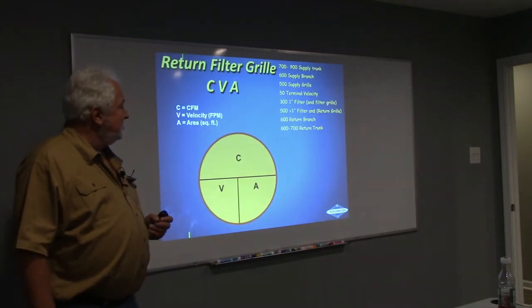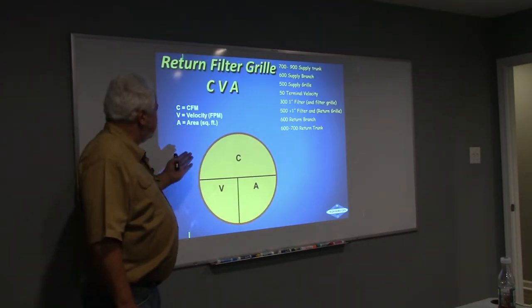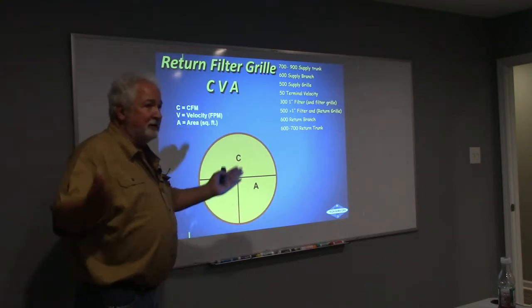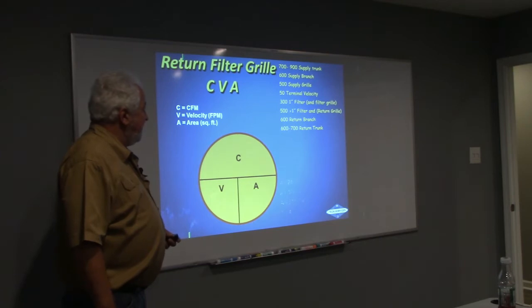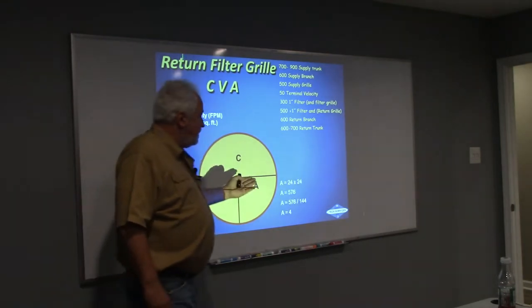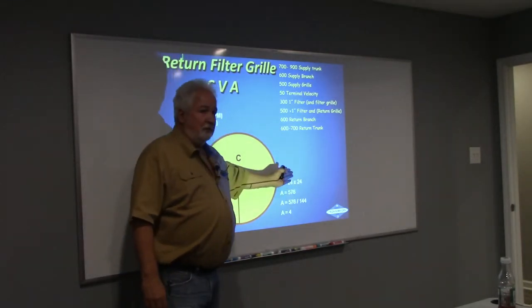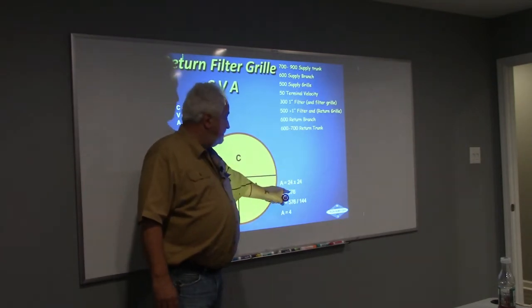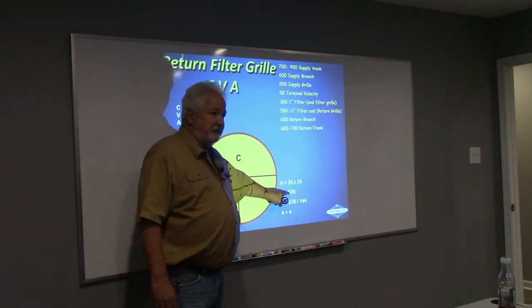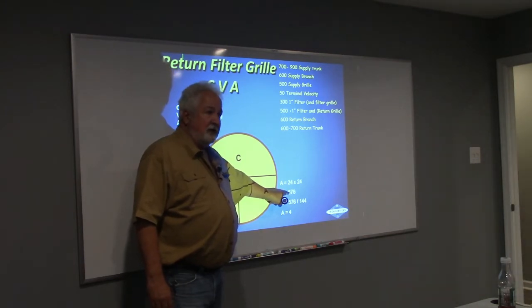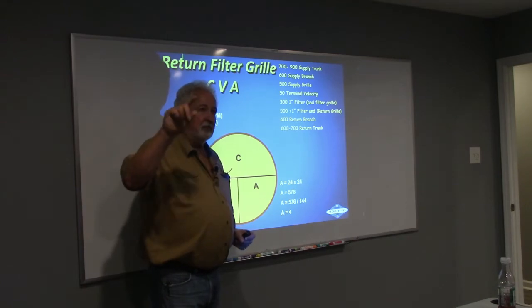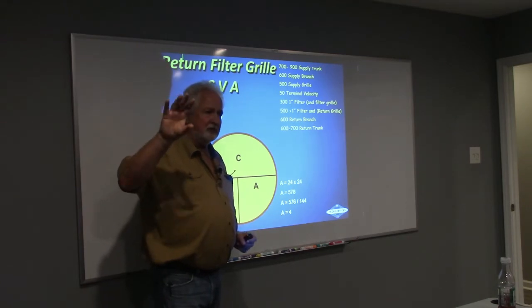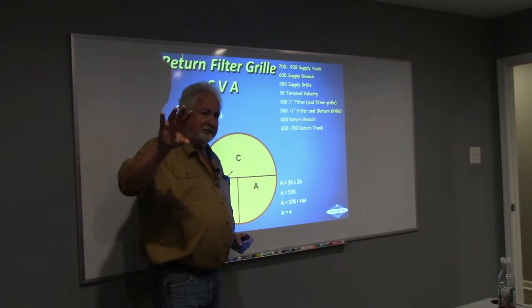Good. So here's what we have, and let's play with it a little bit to see what this really means. All right, so I have a 24 by 24 grill. 24 times 24 is 576 square inches. 12 by 12, 12 times 12 is 144 square inches per square foot, yes?